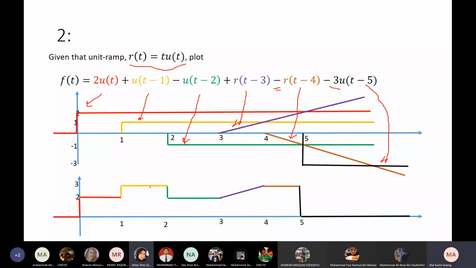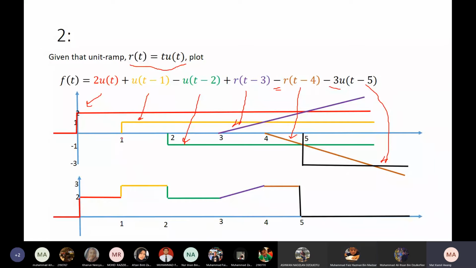How does the yellow one suddenly get amplitude 3, sir? Amplitude 3 because it's combined with the first one. Oh, 2 plus 1, sir. Yes.